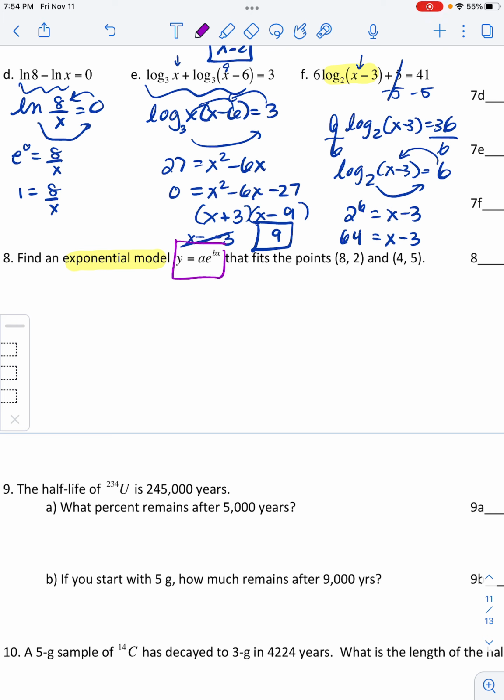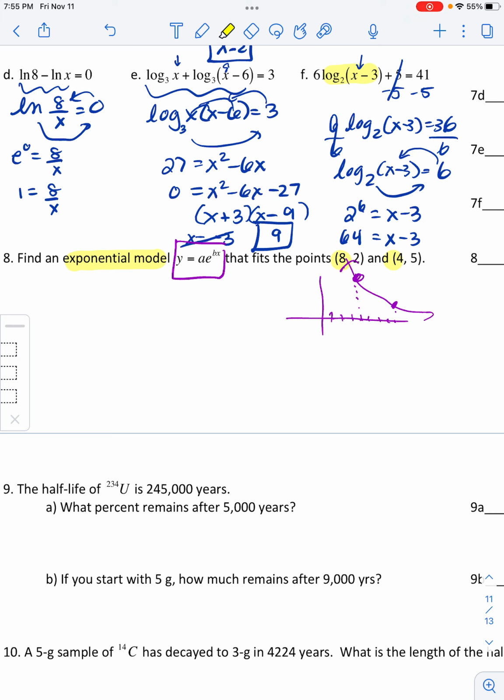These points here are a little bit confusing because if you were going to be graphing this thing, you would go to 1, 2, 3, 4, 5, 6, 7, 8, and then up 1, 2, 3, 4, 5. And so it's exponential. It's going to be coming down from left to right. And so you have to think about this x value in this problem and figure out which one would actually be the second y.